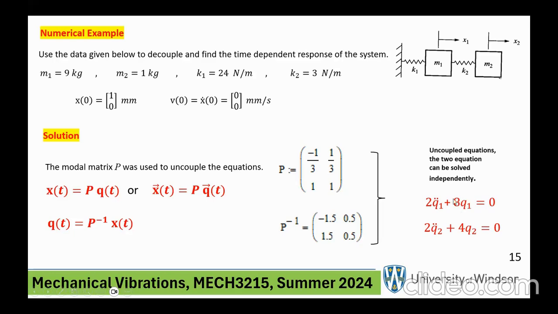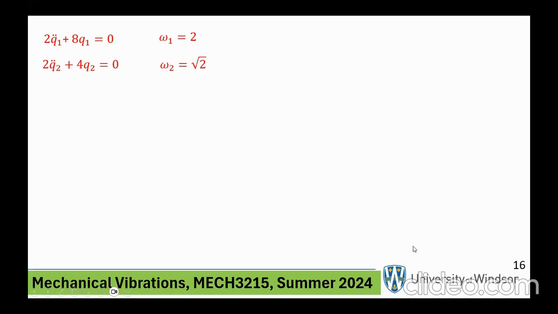Remember this: 8 over 2 is going to give you the square root of 2 rad per second, and this is 4 over 2, which is 2, the square root of 2 rad per second. So this ratio and that ratio are going to lead us to the natural frequencies that we got in the first place.